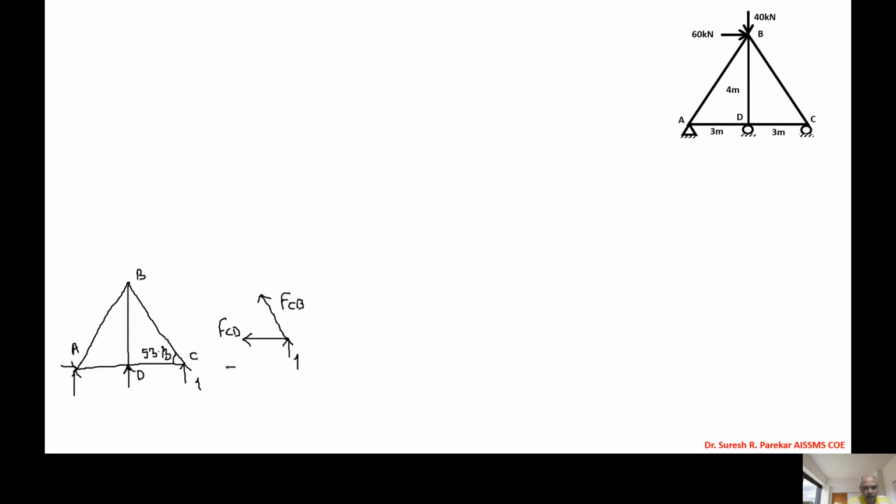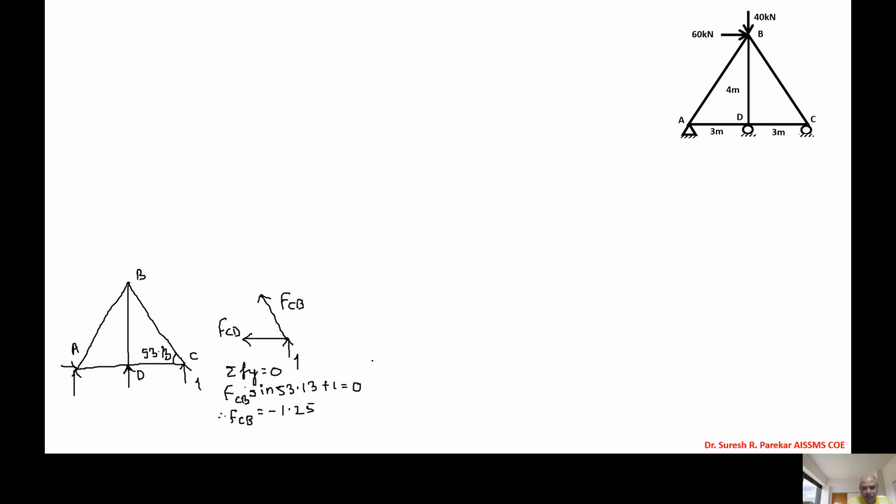We first apply summation Fy equal to 0 and we get FCB sine 53.13 plus 1 equal to 0, and we will get FCB equal to minus 1.25.